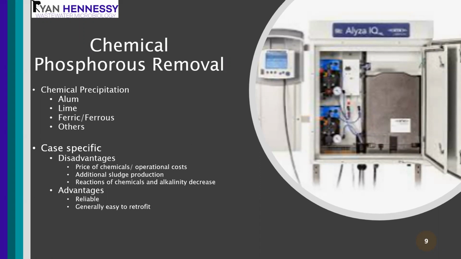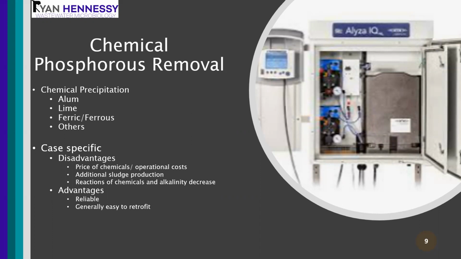And regardless of plants that have and use enhanced biological phosphorus removal, where the bugs are doing the majority of the phosphorus removal, it's also important to have some backup equipment, because with those processes, there's a lot of things that we'll get into through this presentation that can negatively impact them.